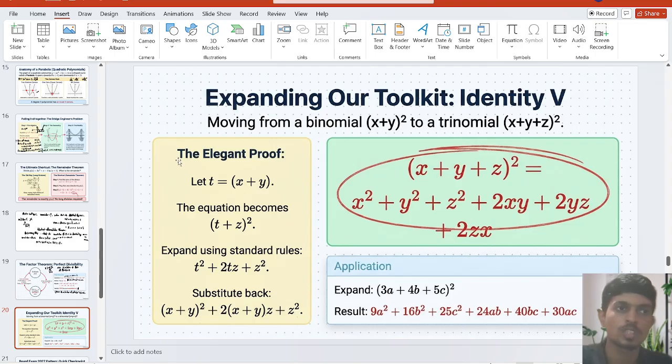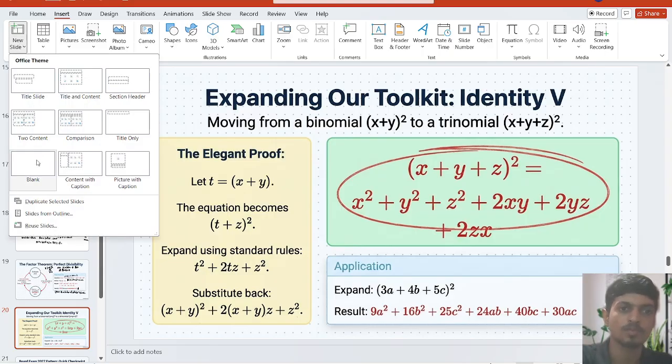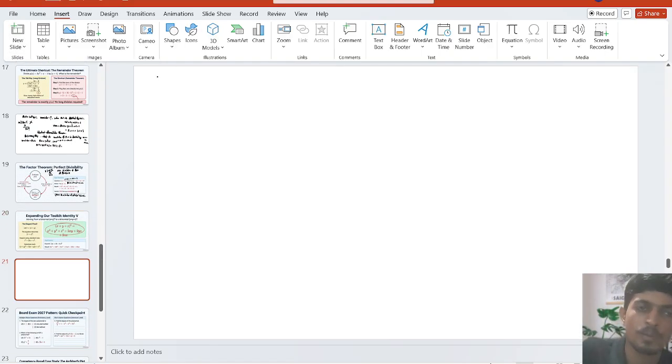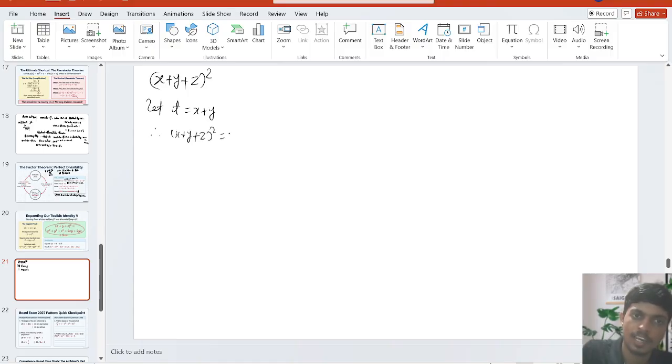As I told you using the slide, for example, if you have to prove (x plus y plus z) whole square, okay, so let t is equal to x plus y. Therefore (x plus y plus z) whole square can be written as (t plus z) whole square. Now expand as (a plus b) whole square: t square plus z square plus 2 into t into z.